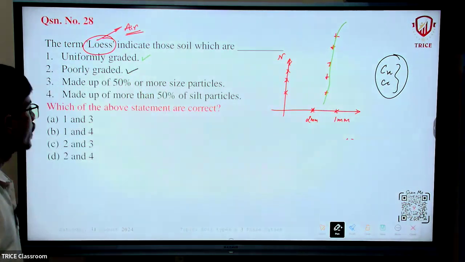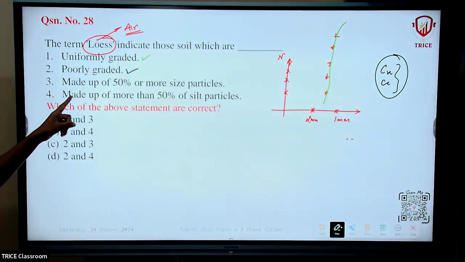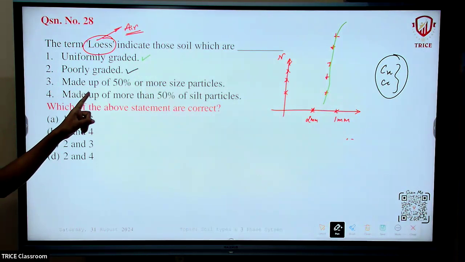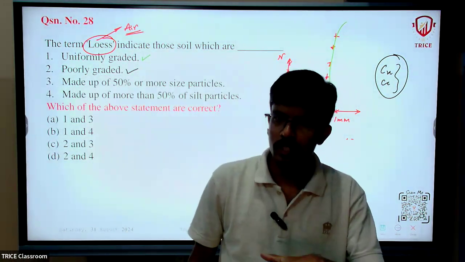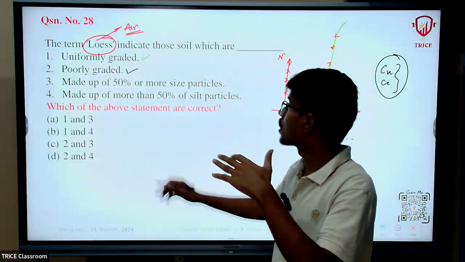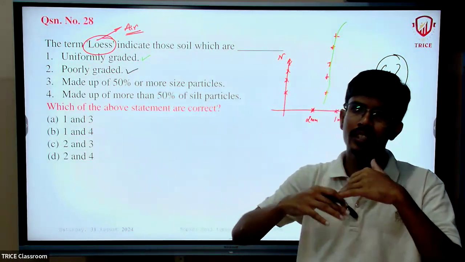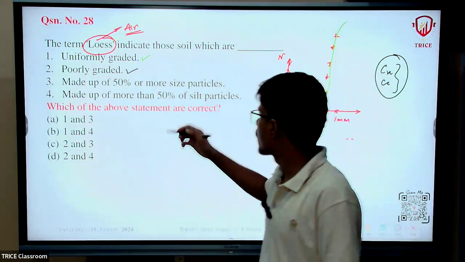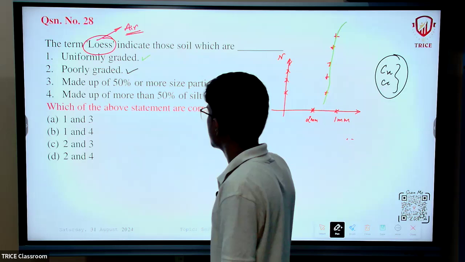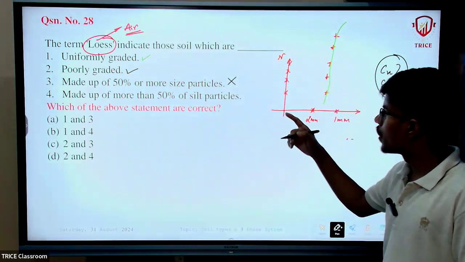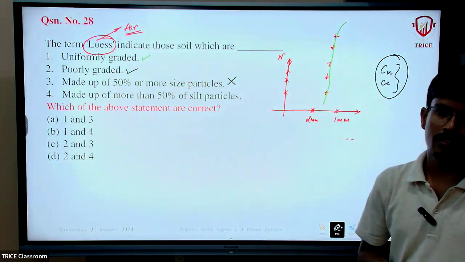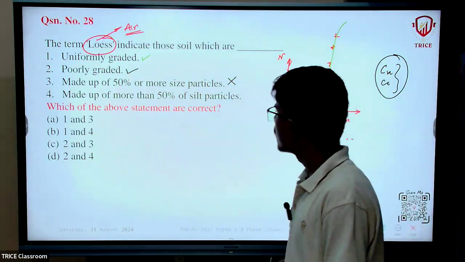Okay, we have the condition. Then made up of 50% or more size particles, right? When we have a percentage of the particles more than that, it is not single grain, it should be well graded soils. We can't call it well graded soils. And it is made up of more than 50% of the silt particles, right? So what is meant by silt particles?